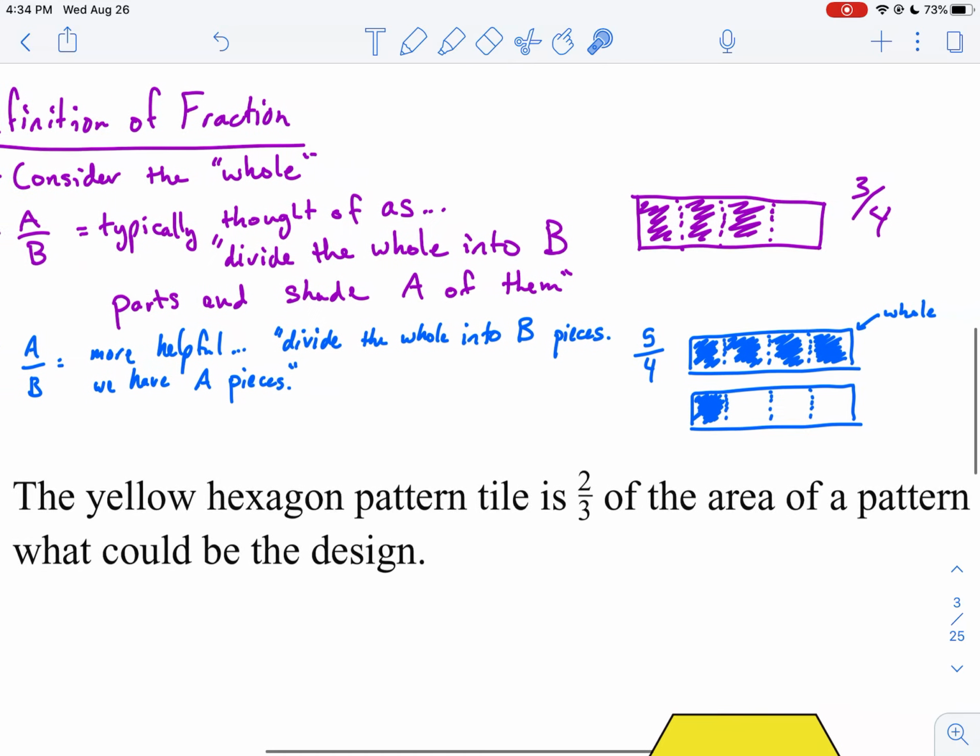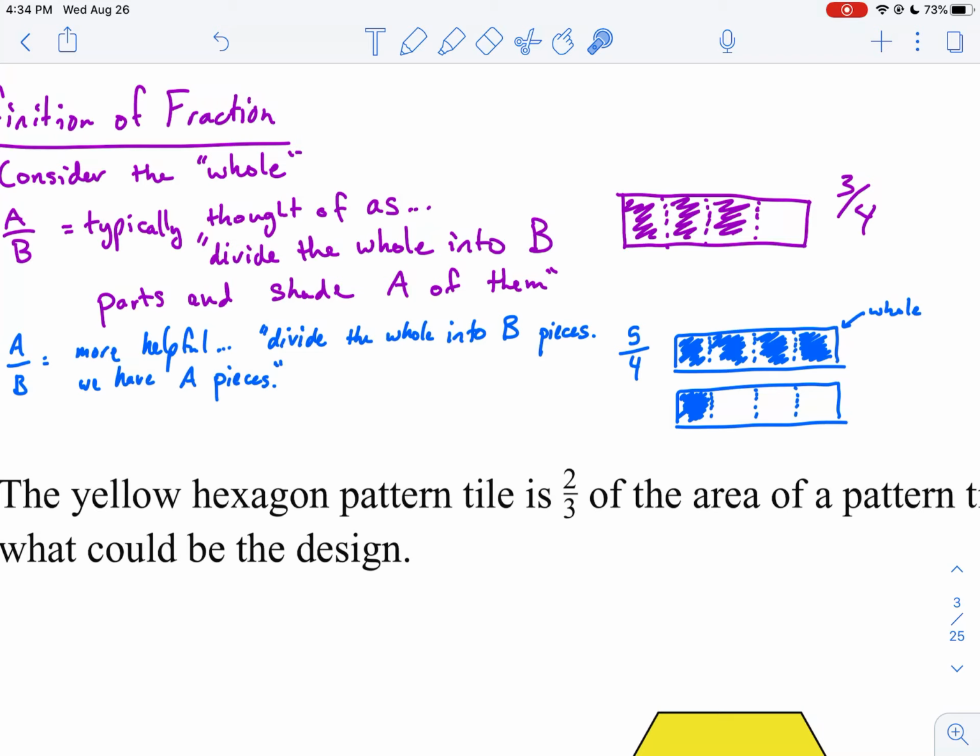If we have the number 5/4, now our whole is this rectangle. The size of my pieces is told by the denominator, by B. So I'm going to cut the whole into 4 parts, and this is the size of my piece. I didn't need 5 of those, so I could get 4 out of a whole, but then I need a second whole to get that 5th one. And that's kind of what we're going to build on.